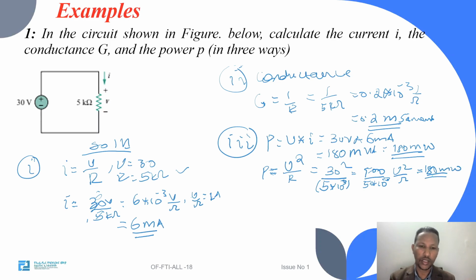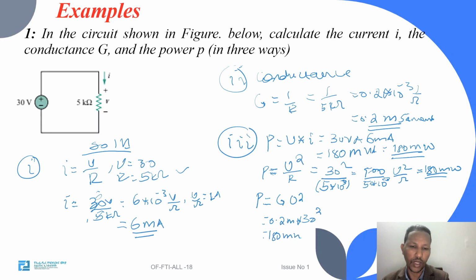And the third one is P equals G times V square. So it is 0.2 millisiemens times 30 square, so you have 180 milliwatt.